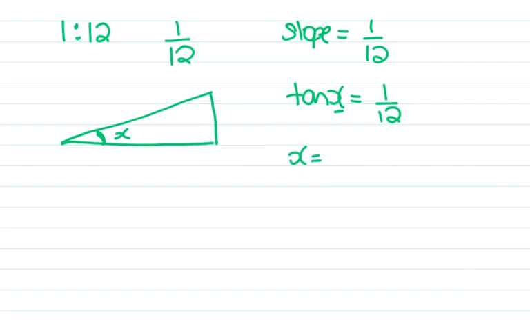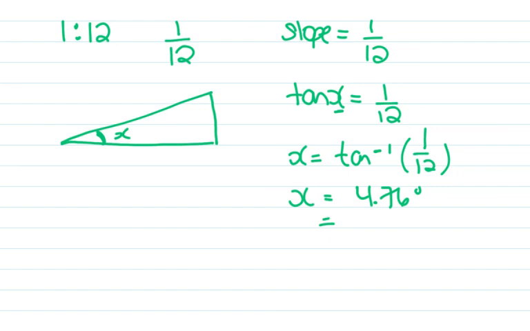So I'll do x equals tan inverse of 1 over 12 in brackets. On your calculator, shift tan 1 over 12, and you will get 4.76 degrees, which is rounded up to 5 degrees. So that means it's a 5-degree angle of inclination for the ramp.